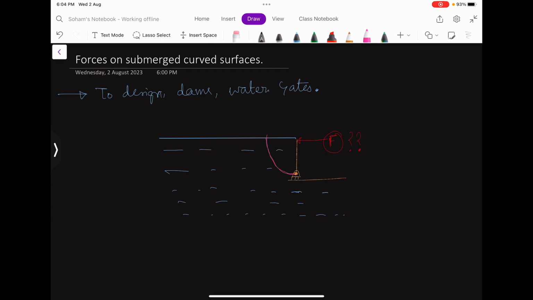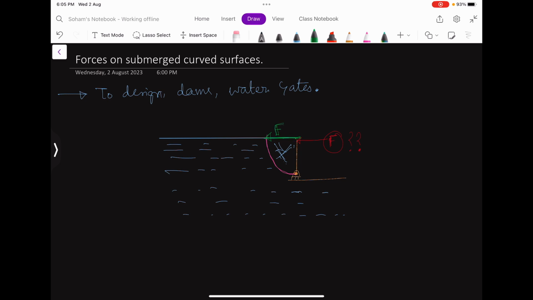So now the water is restricted up to this place only. In this place I don't have the water. Then also you do require some force here to hold the gate.